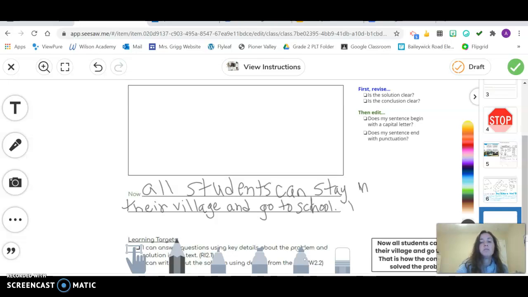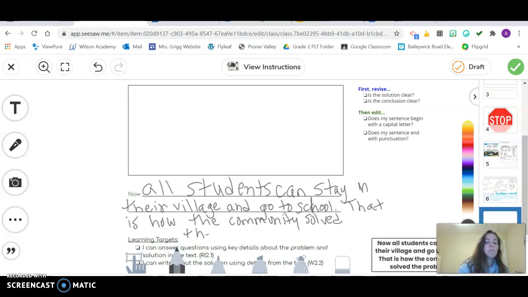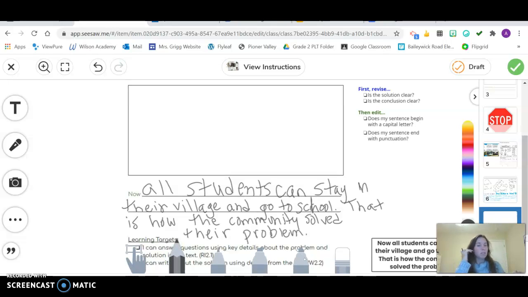That is how you might use the same sentence too. The community solved their problem. Then here, I'm going to draw kids staying probably in their village and them smiling because they're happy that they can go to school.